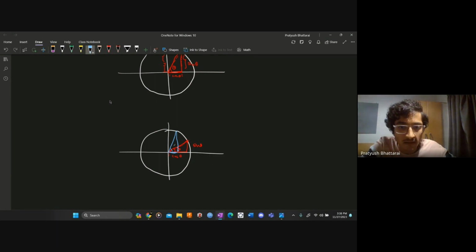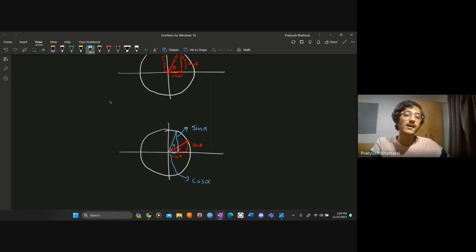And let's call this angle alpha. By our definition of sines and cosines, we know that this blue length is going to be sine of alpha, and this blue length is going to be cosine of alpha.